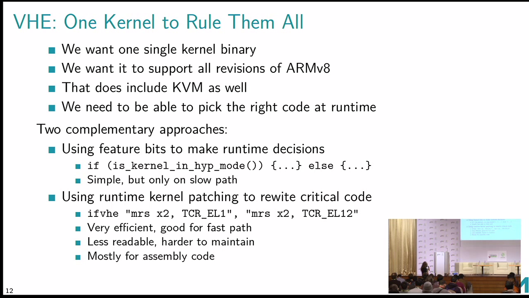For the V8.1 we're accessing TCR-EL1 too, indicating yes, we're in hype, and accessing the EL1 register. So depending on the CPU we're going to run on, that code is either going to stay unmodified with the version on the left for V8, or patched with the version on the right if we're on V8.1.